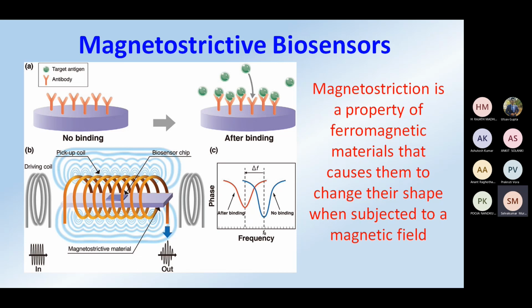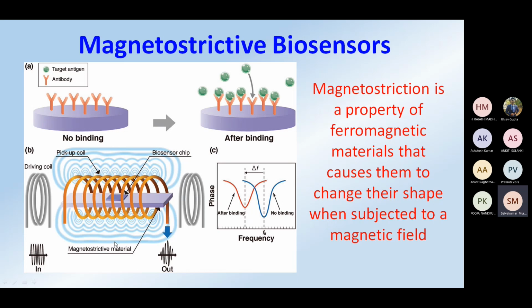Okay. Say for example, assume that the platform is a magnetostrictive material, and of course, on top of that you have one biosensor chip. And with the help of a coil, you can generate the magnetic field. Okay.